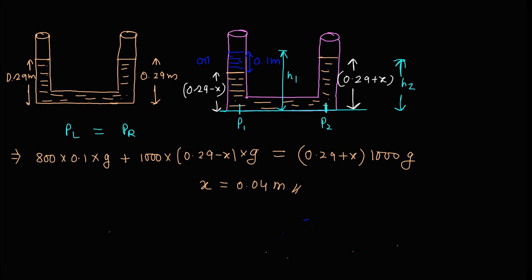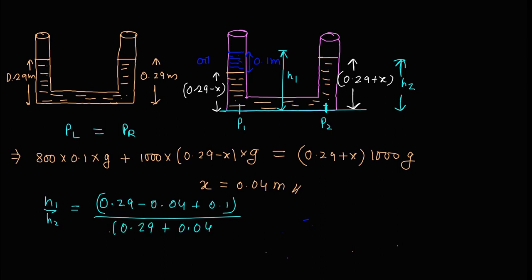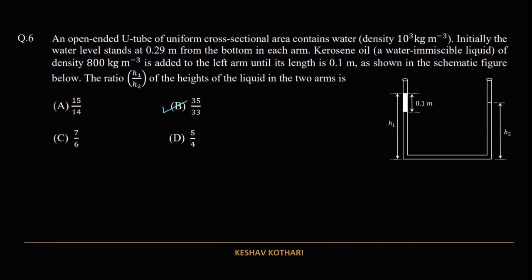So h1 is equal to 0.29 minus x, that is 0.04, plus 0.1, upon h2, which is equal to 0.29 plus x, that is 0.04, and we attain this as equal to 0.35 divided by 0.33, that is 35 by 33. So if we come to the previous page, we say that option B is correct. 35 by 33, that is option B is correct for this particular problem.